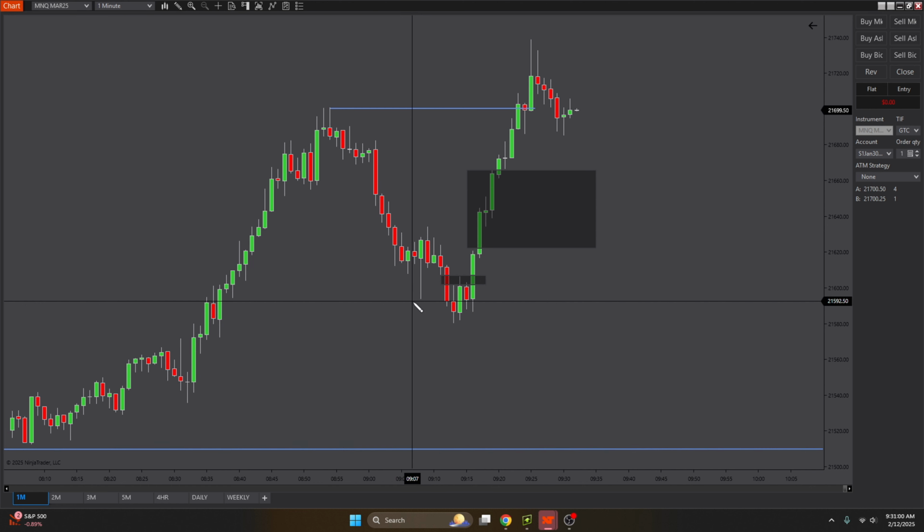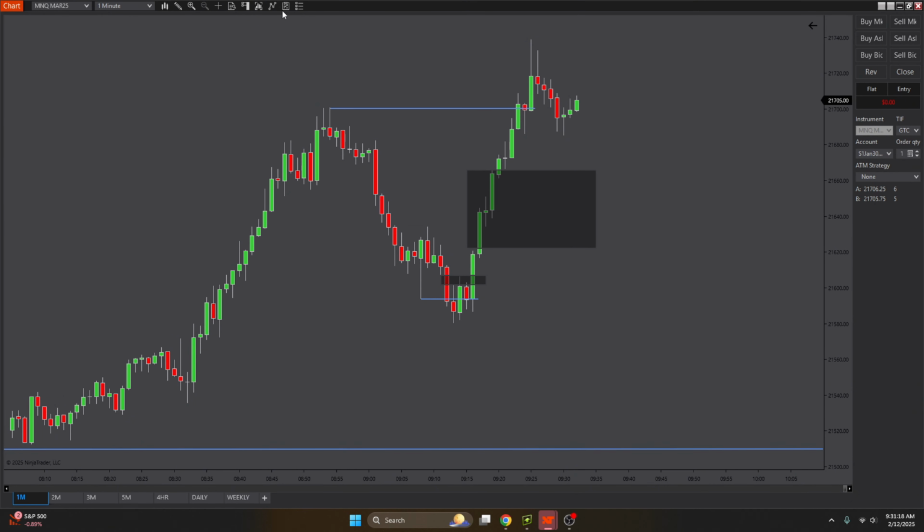Inversed it, took this out. Of course, this is all hindsight. At the time, we did close above it, and if you were looking for this, then easy, got in right here, risking this low, and took it all the way up.